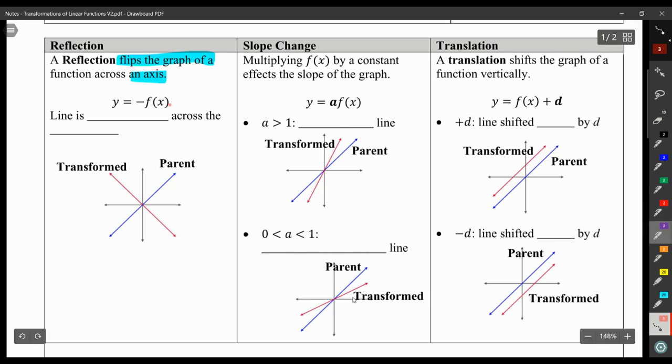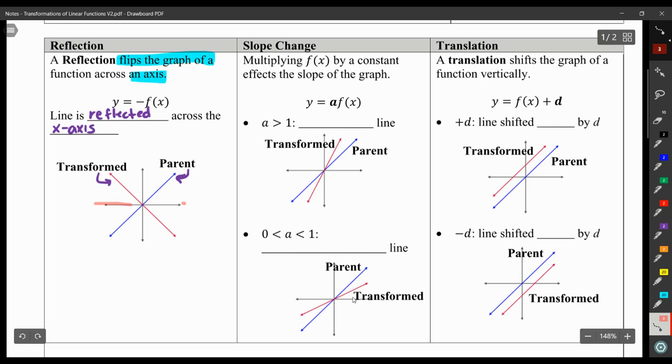When there's a negative on the outside, the line is reflected across the x-axis. So this is the parent function, and this is the transformed one. Basically, this piece got flipped down here, and this piece got flipped up across the x-axis here.